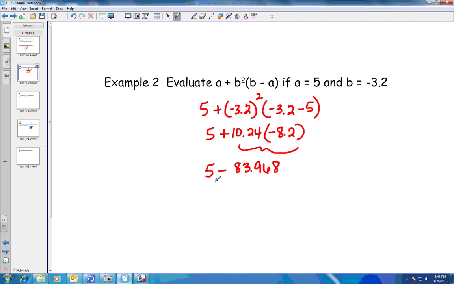So now I can subtract these. 5 minus 83.968. Signs are different, so we're going to subtract. I know my answer is going to be a negative 78.968. And that is our answer.